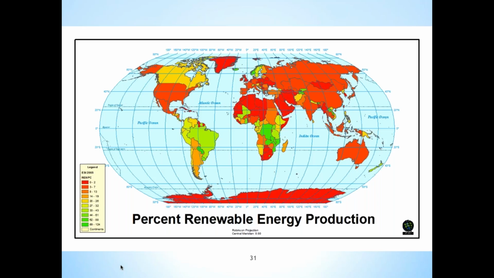For example, in Germany, their renewable energy production as a percentage of their total is very high. In fact, Germany in the gross has more megawatts of installed solar PV than the United States of America does. We have way more population and a way larger gross domestic product, but Germany has more solar PV.